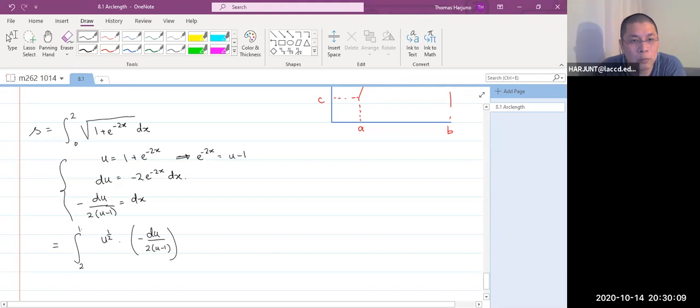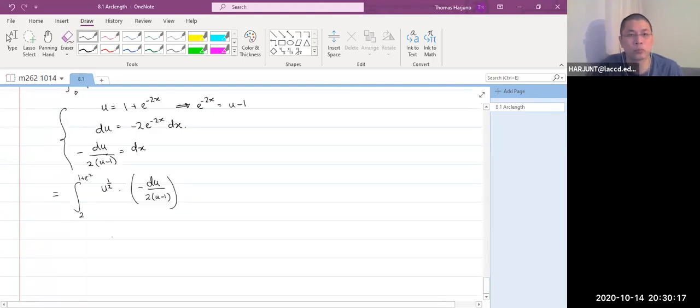This will be 1 plus e to the 2. Reverse the order of integration to absorb the negative. Get the 1/2 out, so this is u to the power of 1/2 over u minus 1 du.